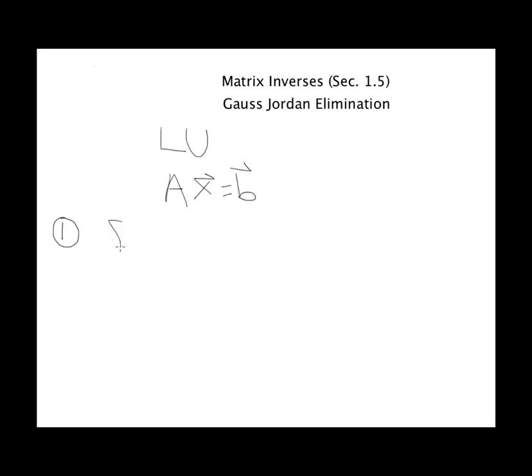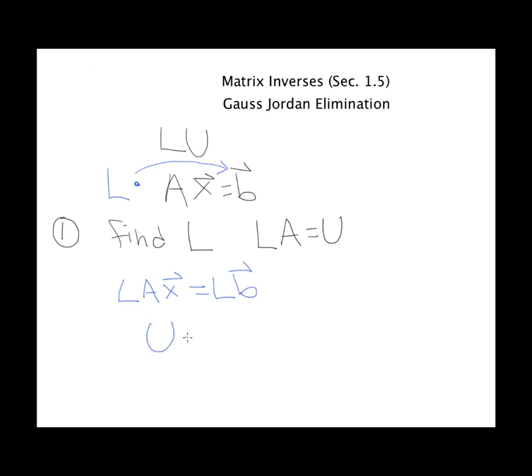So the first is to find a special lower triangular matrix L such that LA is equal to U. And then you multiply both sides of this equation by L to get the equation LAX is equal to LB. And that gives you the equation UX is equal to LB. And since U is upper triangular, you can solve this by back substitution.